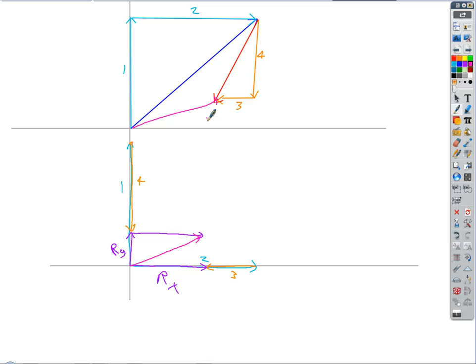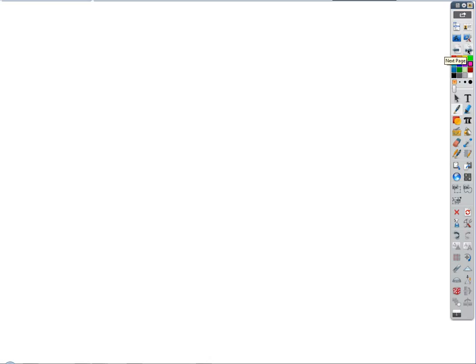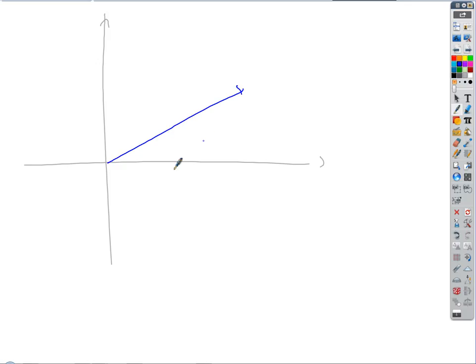So let's review that. Let's take a single vector and break it into components. Let's take this vector. This is a vector that is at a 30-degree angle and has a length of 12.